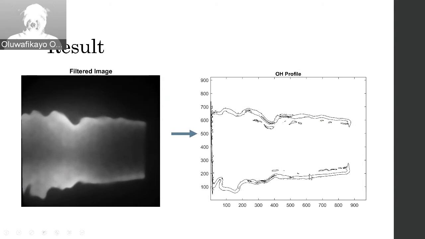Have you looked at, let's say you filter this, then you apply the edge detection filter to the image? Oh, yes, I have. You get all kinds of edges on the inside.